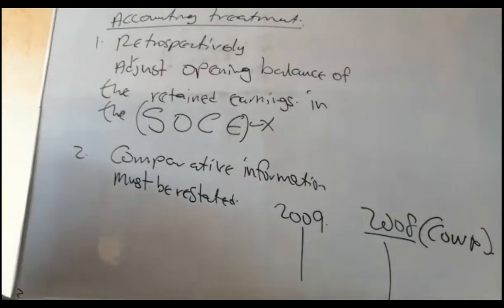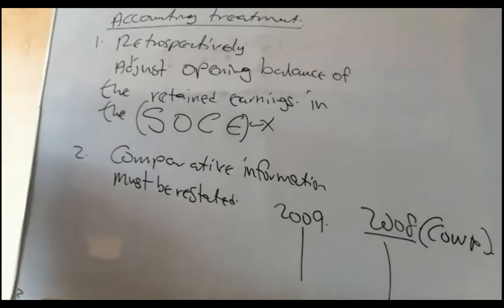Now, the second issue has to do with the retrospective application. Assuming that, for the change in accounting policy, after applying all reasonable efforts, you cannot apply the change retrospectively.